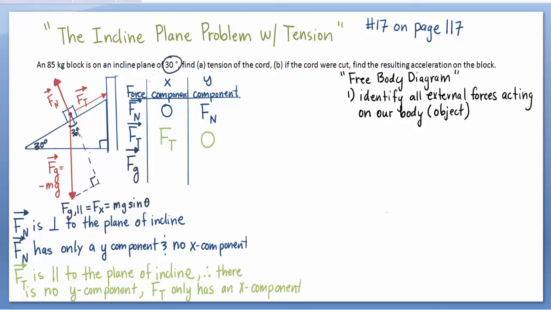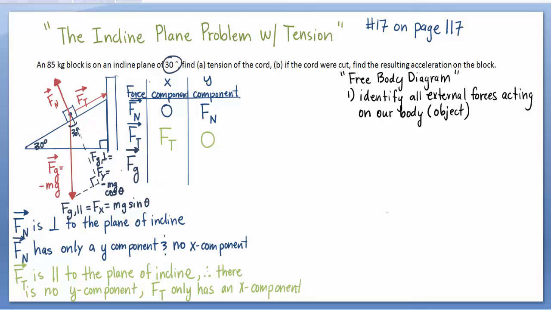Now, on this side, I have Fg perpendicular, and I say that's equal to Fy, and that is equal to negative mg cosine theta. I want you to be able to get all that in.